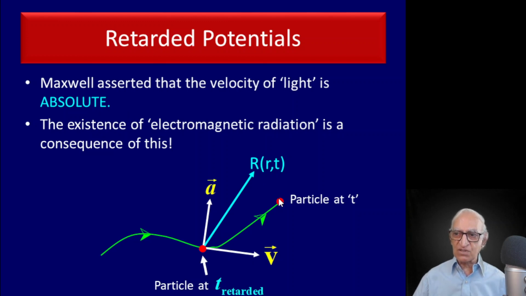Therefore, if we want to calculate the effect at this point, at a time t, when the particle is here, we really must be considering the effect when the particle was at an earlier time, which is known as t retarded, because it will take that much time for the signal to reach from there to there. Another way of saying that is, the Earth is at a certain position in its orbit around the Sun. It takes 8 minutes for the gravitational influence of the Sun to reach the Earth.